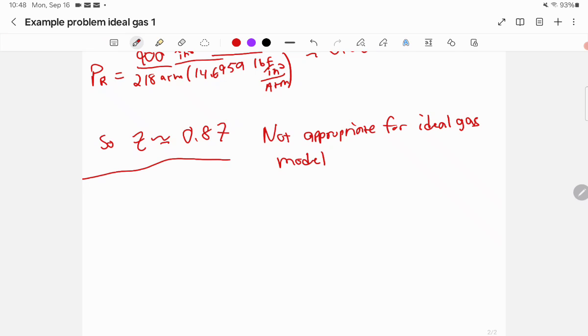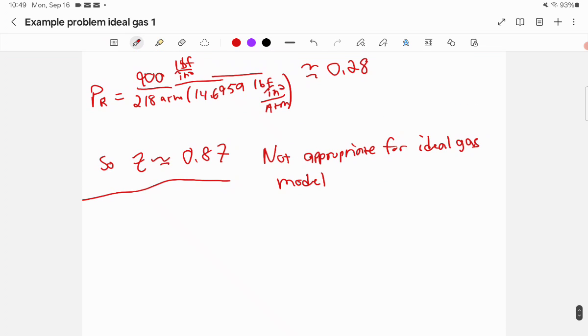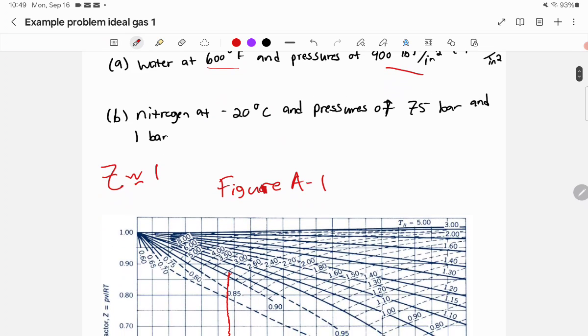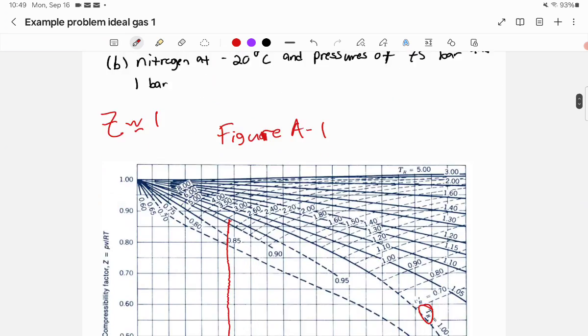Now we can go back and read off of the tables again, and we can go through this whole process again. I'm not going to read the values, though. I have those prepared already.